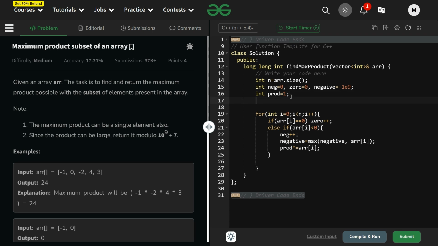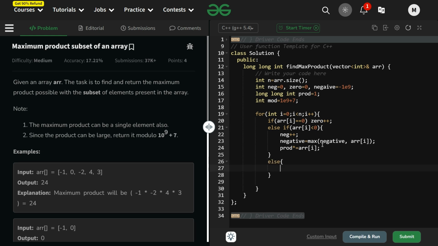So the product is a bit difficult to handle, so long int here it is, and I will say int mod equals 1e9 plus 7, and after this multiplication, I can take the modulo. In the else case, when the number is positive, product star equals arr[i], and you can just say here that product modulo equals mod to avoid the overflow.